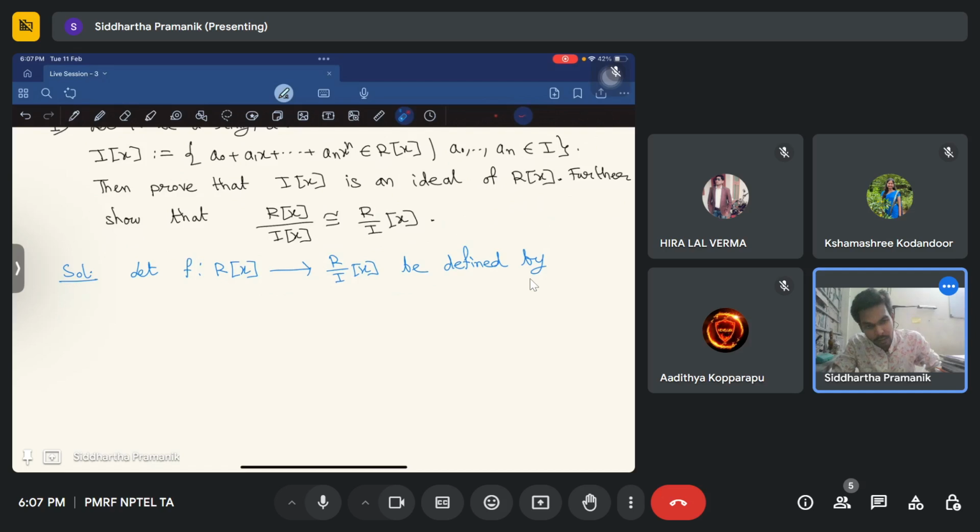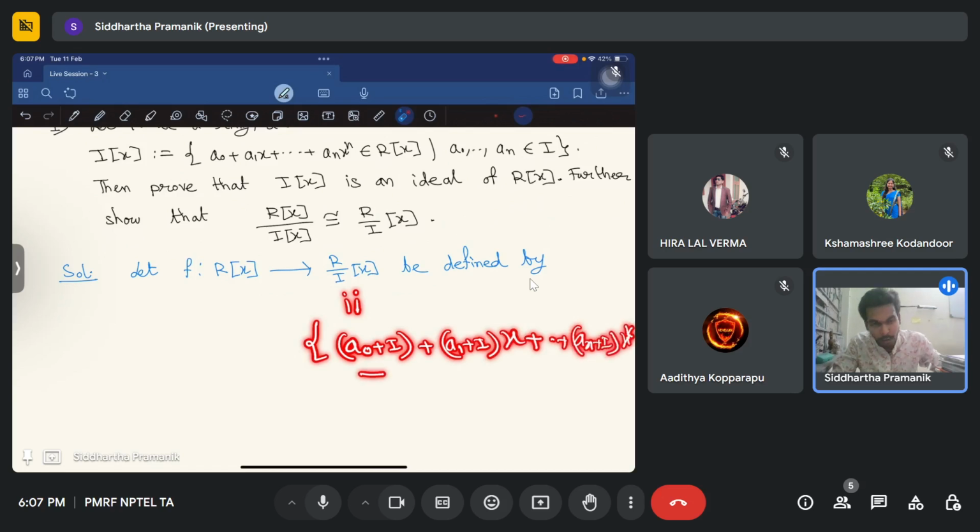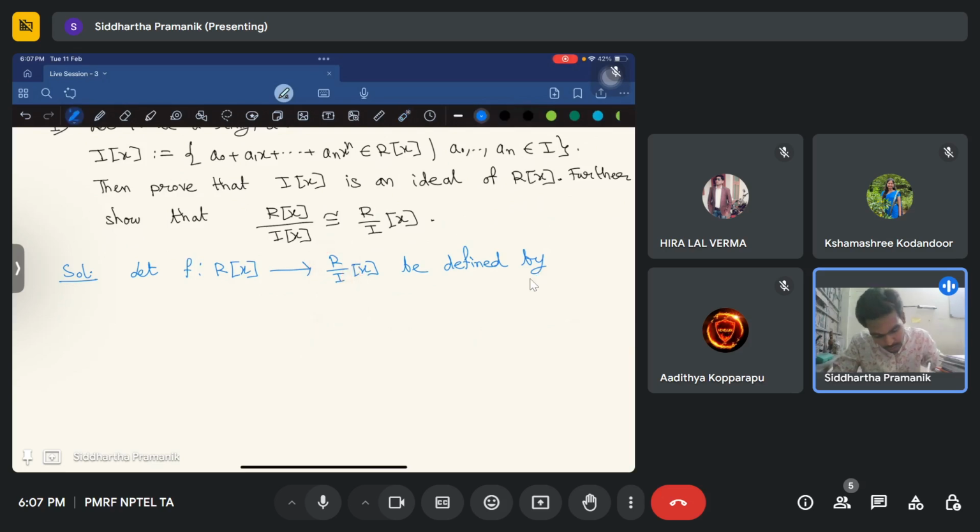Just see how the elements of this ring look like. The polynomials are (a0 + I) plus (a1 + I) x plus ... plus (an + I) x^n. I mean, the coefficients of the polynomials are elements of R mod I. So you need just that observation.